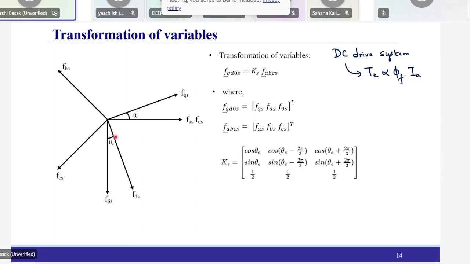It is rotating with a speed which is given by this expression, omega e and theta e.